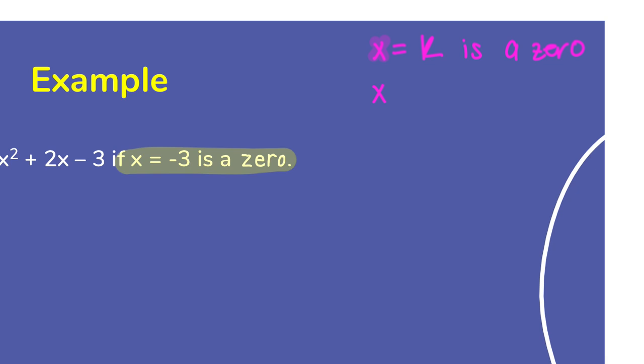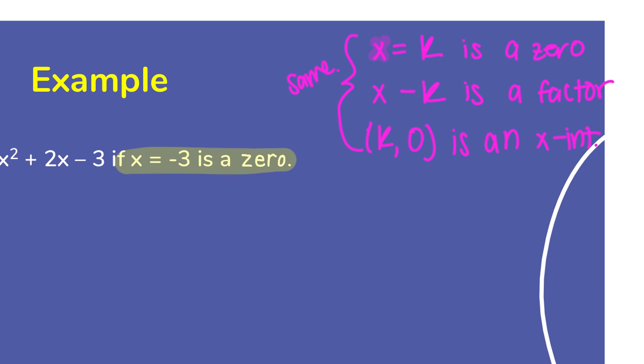So x equals k is a 0, meaning k would be a 0. x minus k is a factor. And then one you may see somewhere down the line is k, comma 0, an ordered pair, is an x-intercept. So all of these are the same, but written differently.